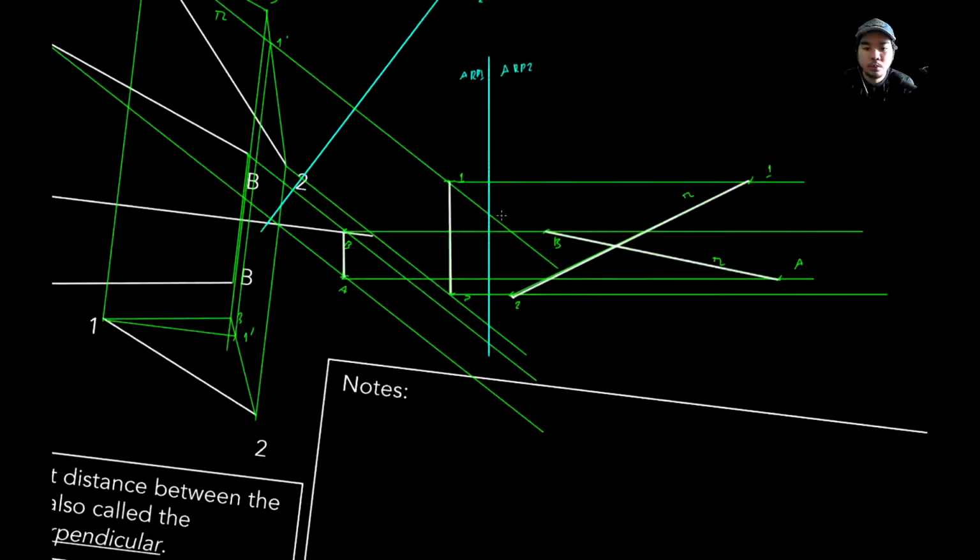That's 1, 2, and AB. Tapos, if I project yan. This is my shortest distance. Ito. This is SD.